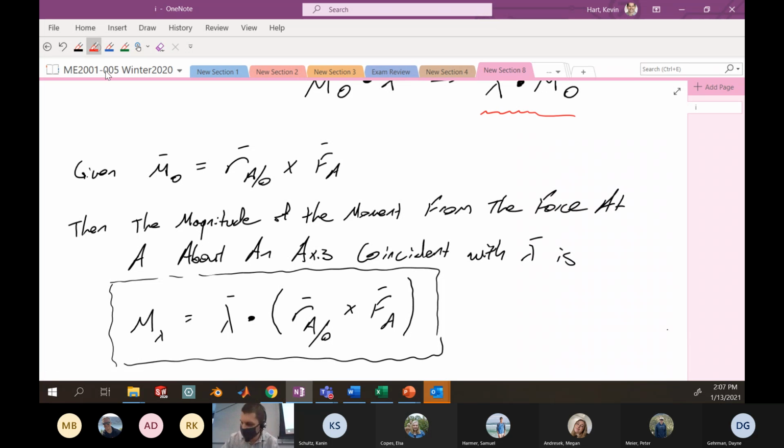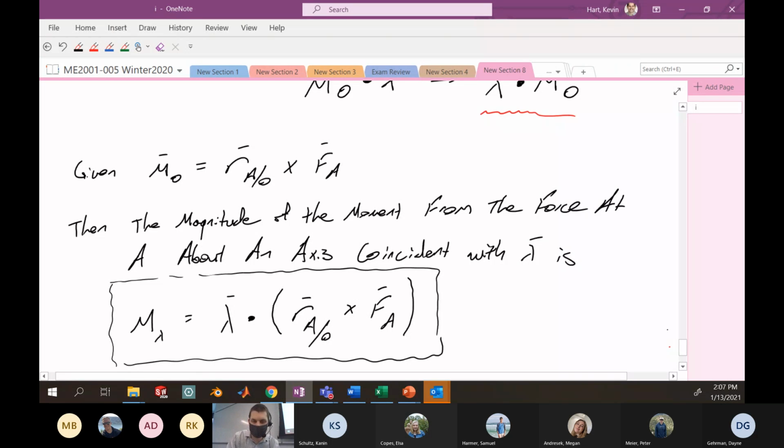This is the moment about an arbitrary axis, which here is this lambda axis, resulting from the force at A that exists out in space at a position of r_AO. And here lambda is a unit vector along the direction of the axis of interest. Okay.